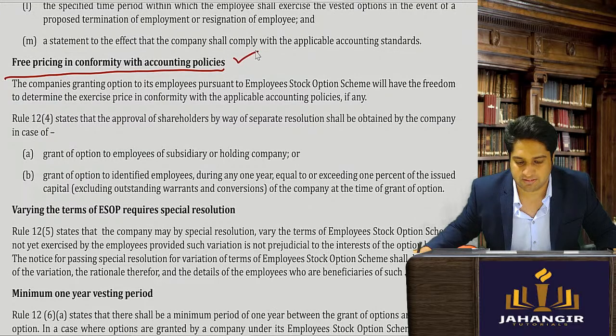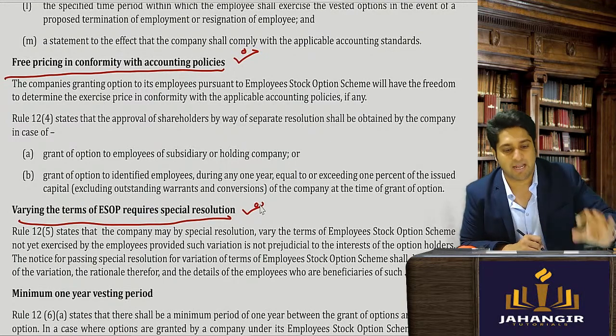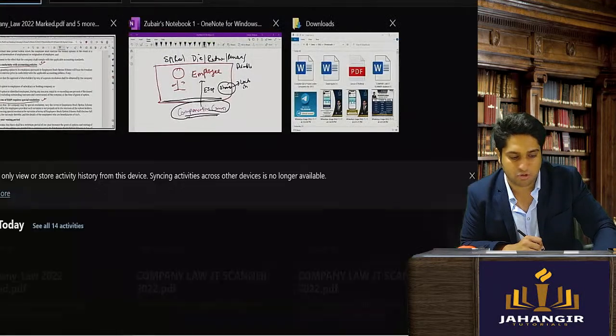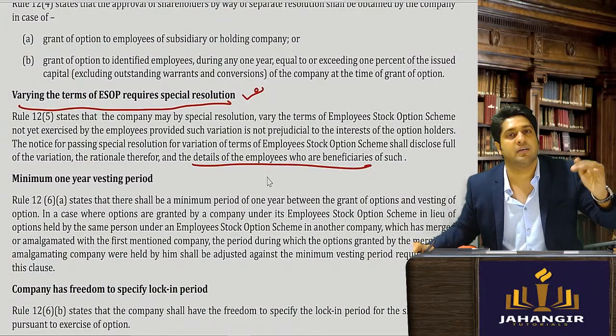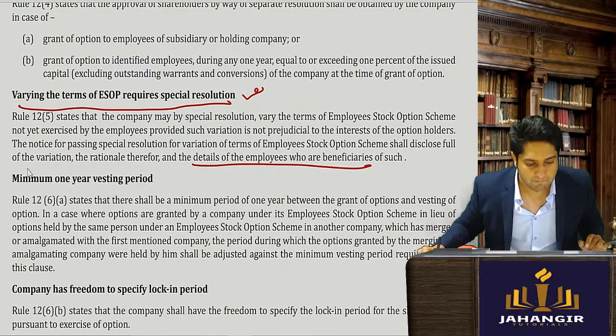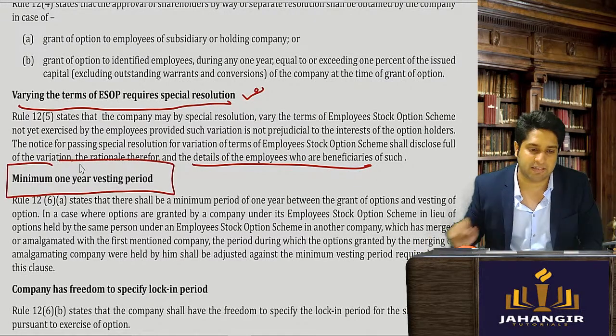They have to comply with the accounting standards. If there is any variation, again they will require a special resolution, and the variations can be done as long as it is in the benefit of the employees. Minimum lock-in period is 1 year, that is called the vesting period or waiting period.